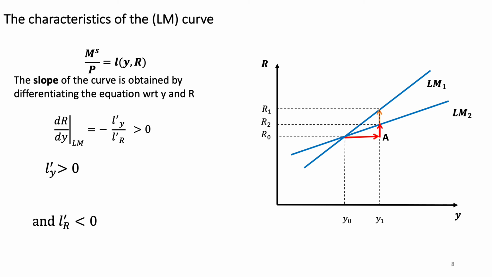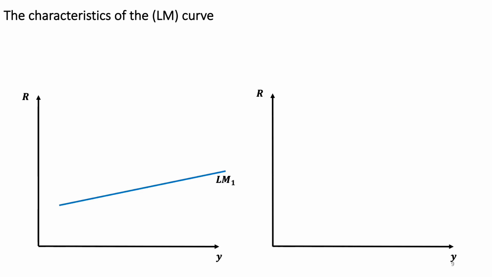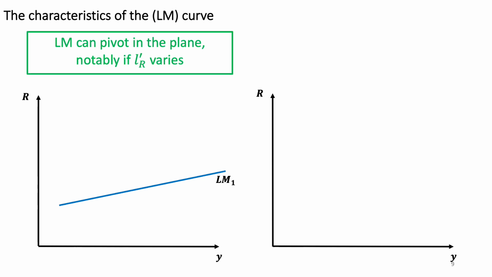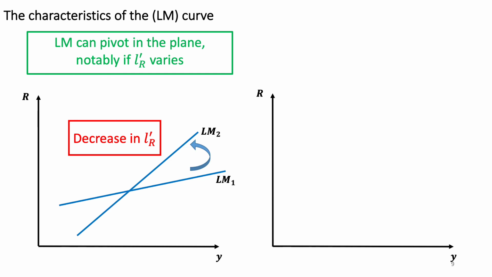So a small increase in R is enough to decrease the speculative demand for money. LM can pivot in the plane YR, notably if L prime R varies. If the sensitivity of the demand for money to the interest rate decreases, then LM will become more vertical.